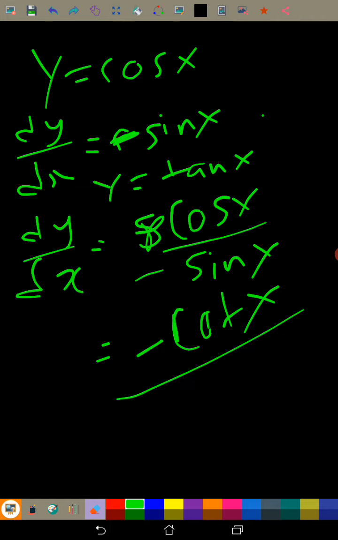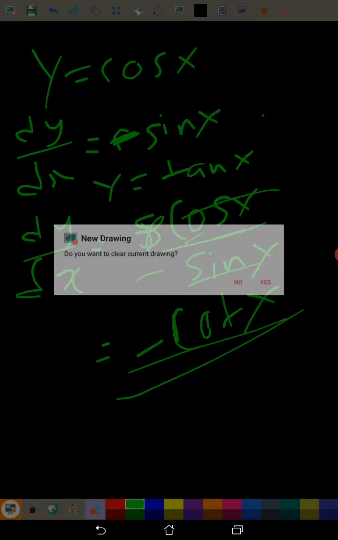We can write it like this. No, it's not this. For tan, it's going to be a quotient rule. It's going to be a quotient rule.